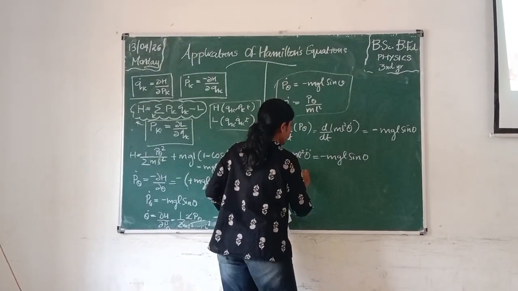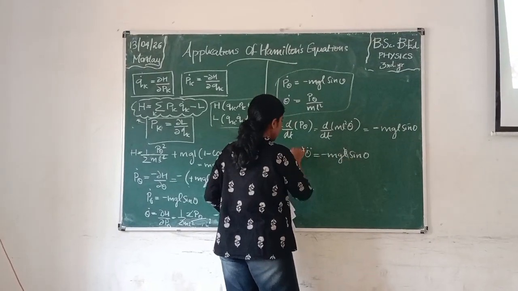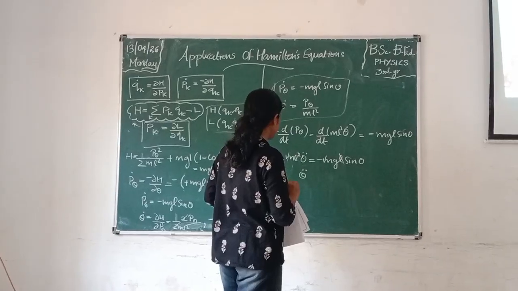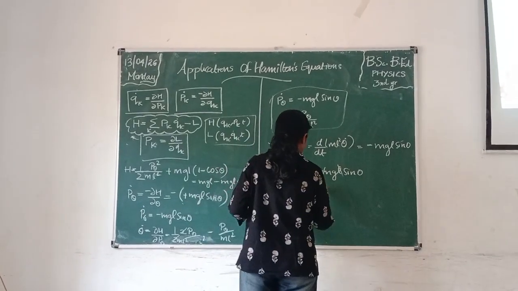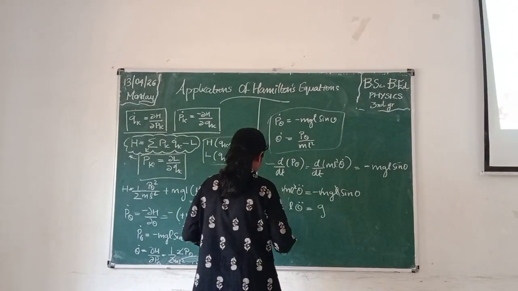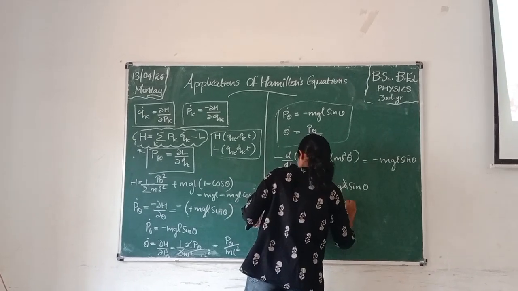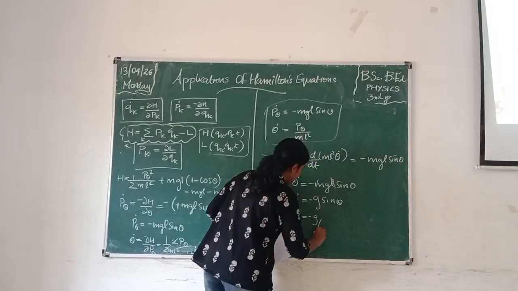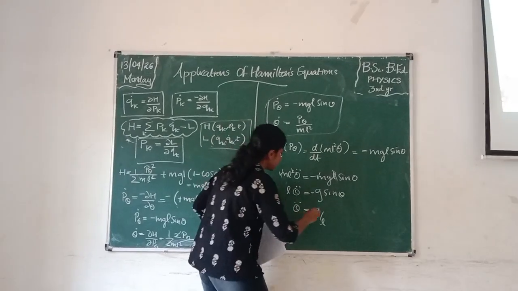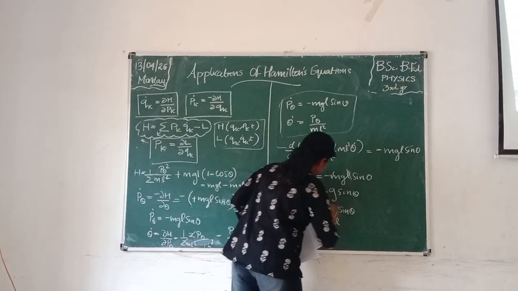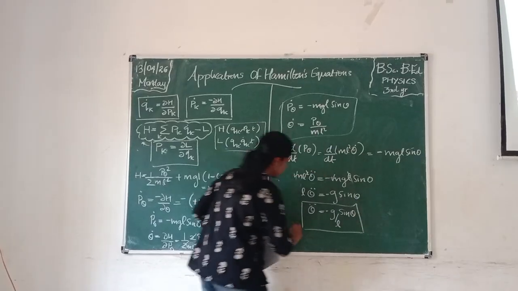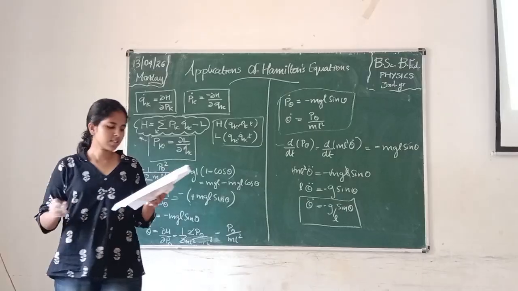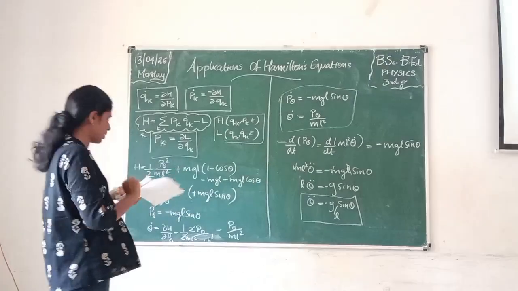Okay, so m and l cancel, theta double dot is equal to minus g by l into sin theta. So this is the equation of motion for simple pendulum.